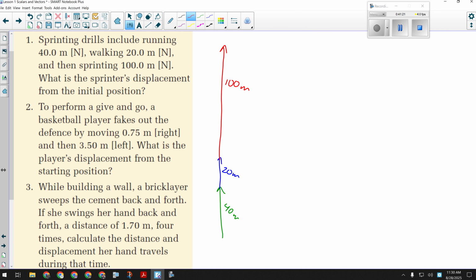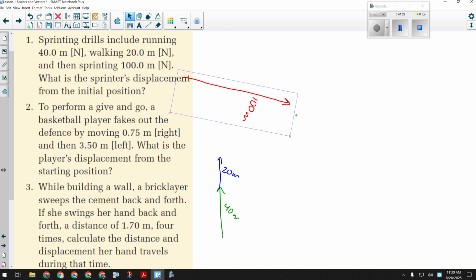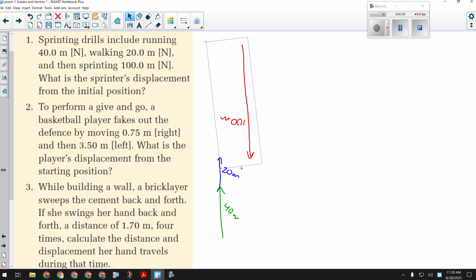Had the last one been 100 meters south, then I would have flipped it, and I would have put it there.